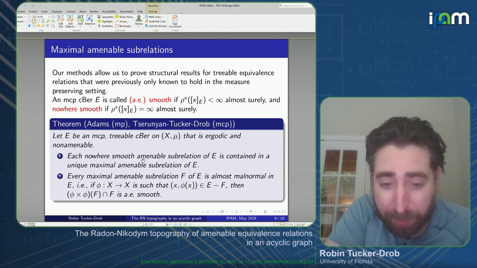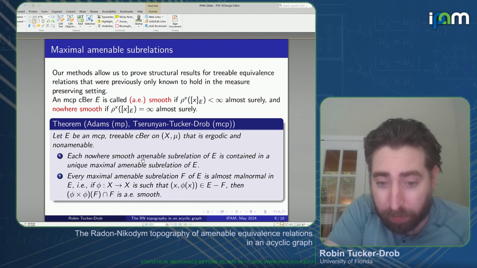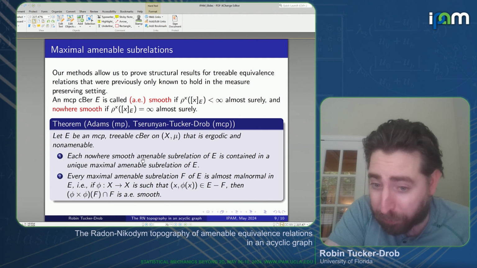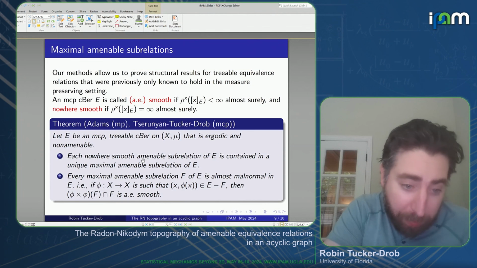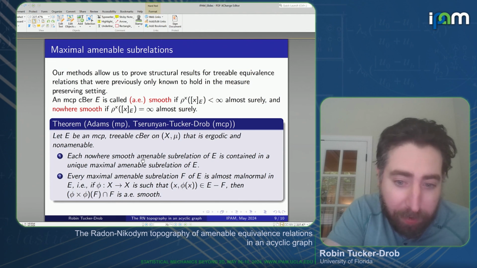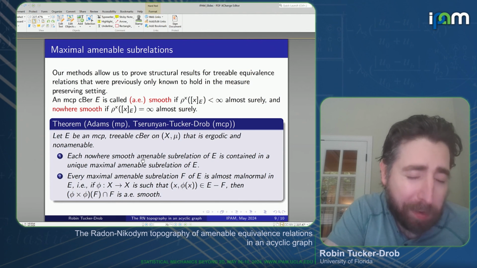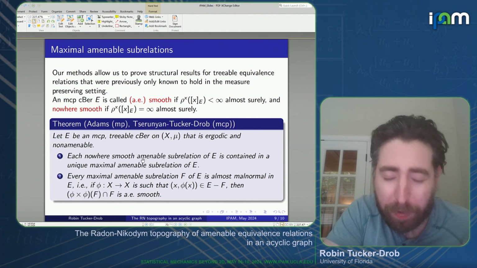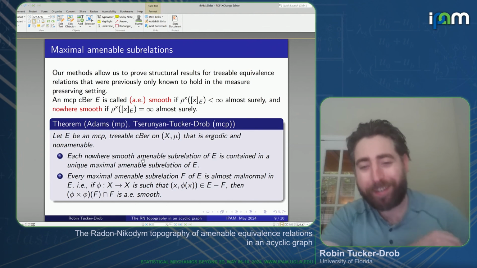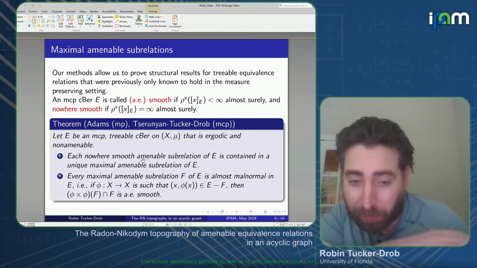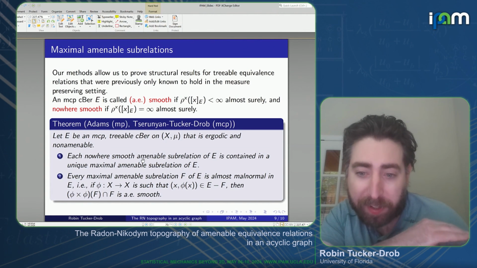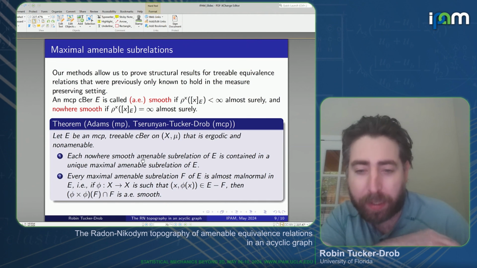If I take a measurable bijection phi where each point x is E related to phi of x, but not F related to phi of x, then we can think of phi as some inner automorphism of E. This is another case where the groupoid perspective helps, since the terminology of almost malnormal comes from group theory, and here is a natural extension to groupoid theory.